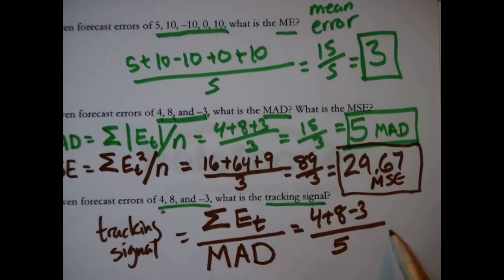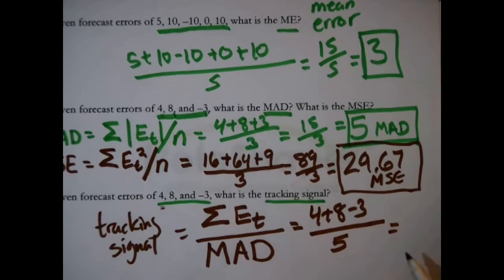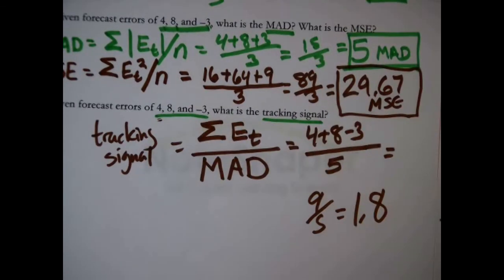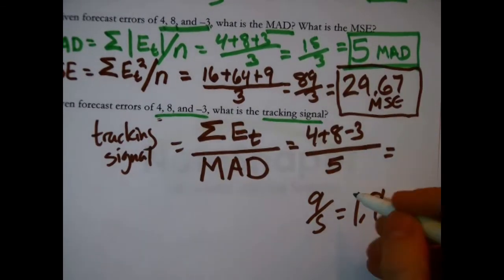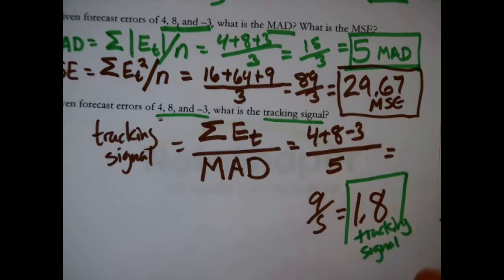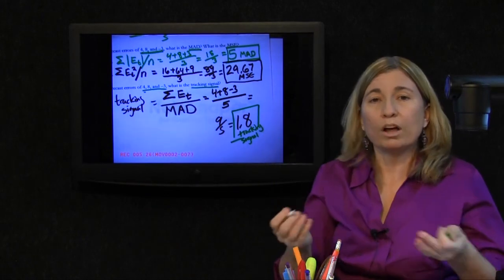Well, that goes in the denominator. So I get that the numerator is 9, the denominator is 5. That yields that the tracking signal for those 3 periods is 1.8.